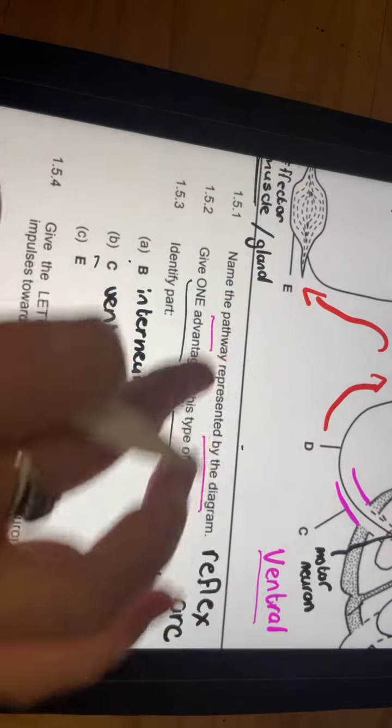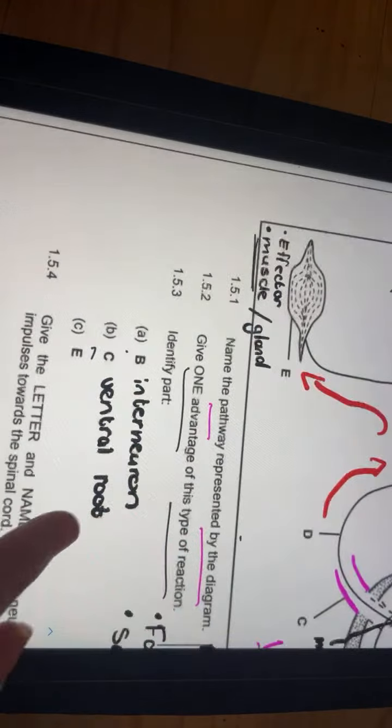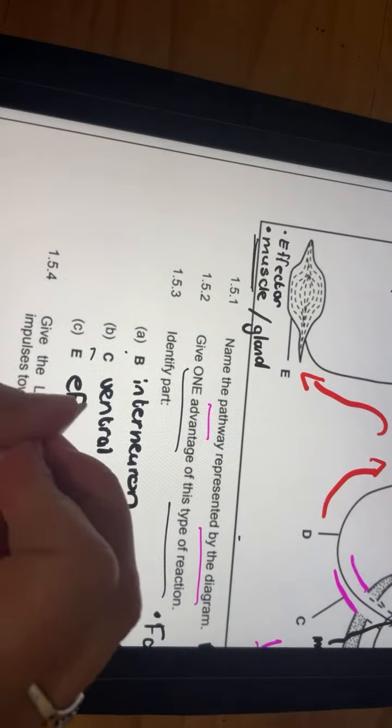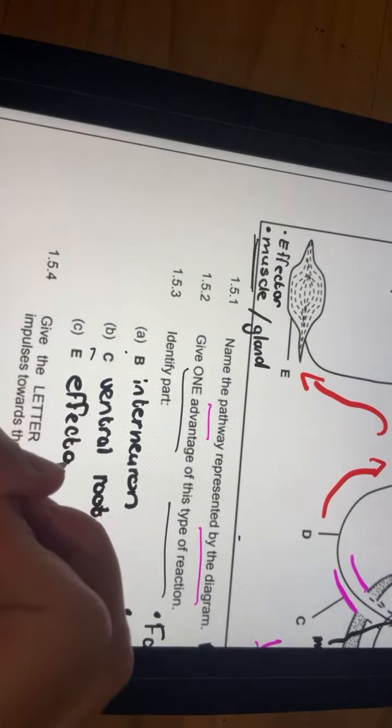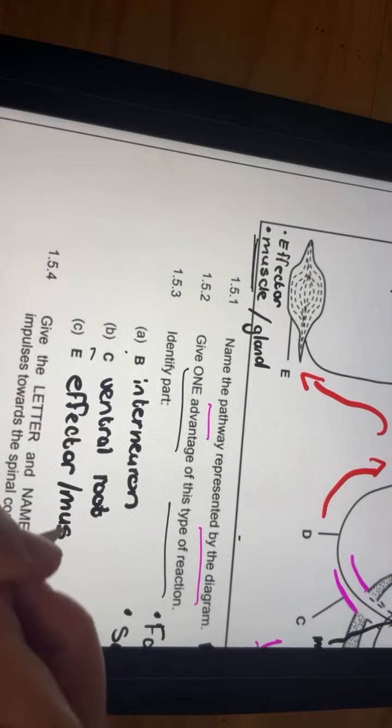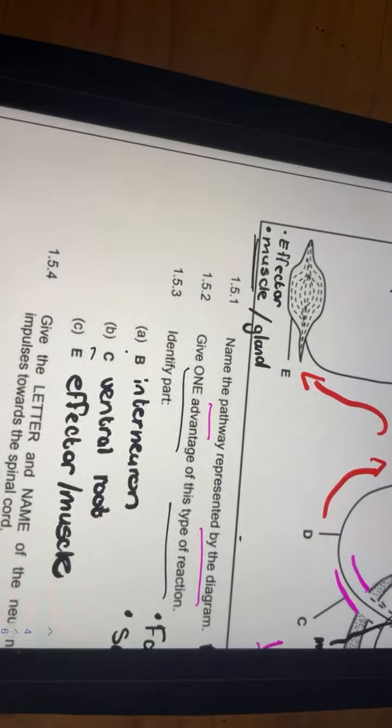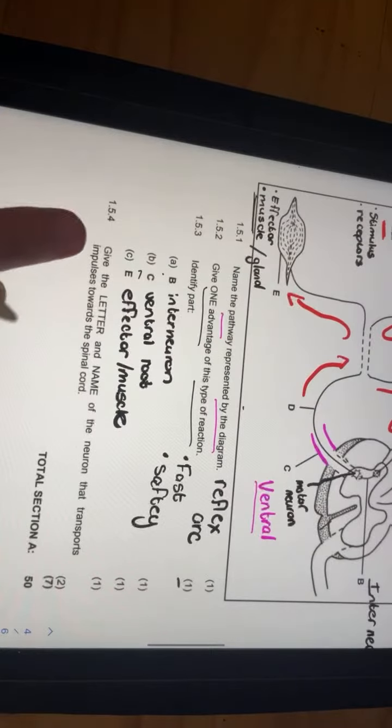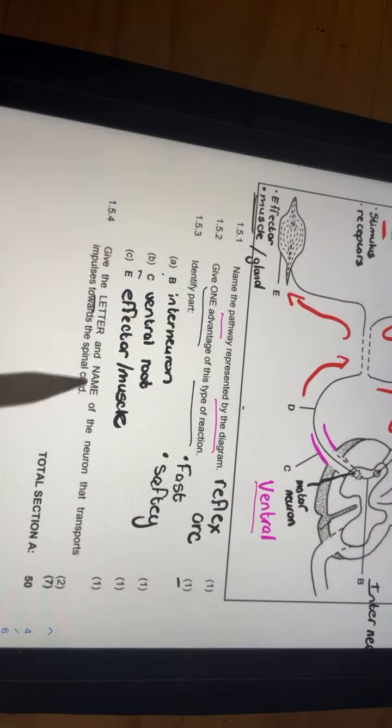And then let's look at what E is. E is pointing to this structure over here, which is an effector. You could probably be even more specific than that and say muscle, because it is a muscle in this instance.